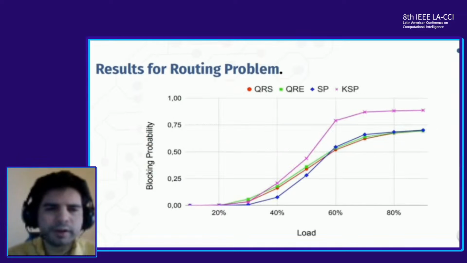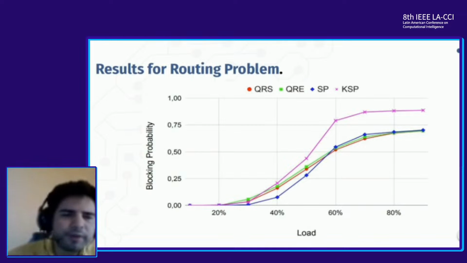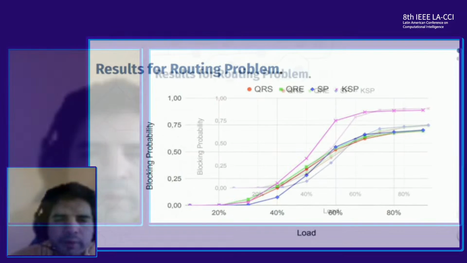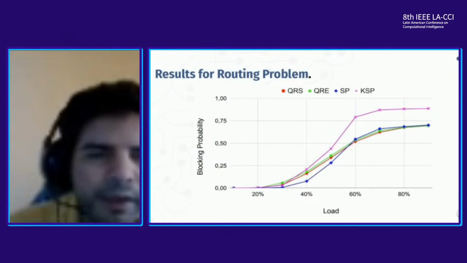We compared the proposed QRS and QRE routing techniques in terms of blocking probability with the SP and KSP routing schemes. As we can see in the figure, the routing based on the SP heuristic is the one that keeps the blocking probability value equal to 0 at low loads.